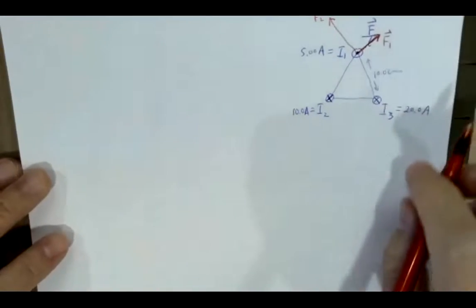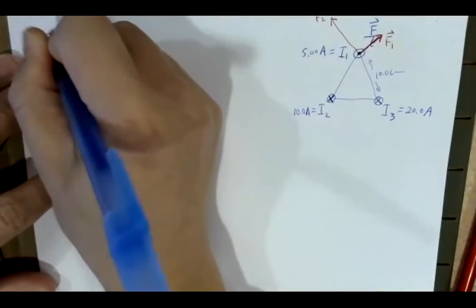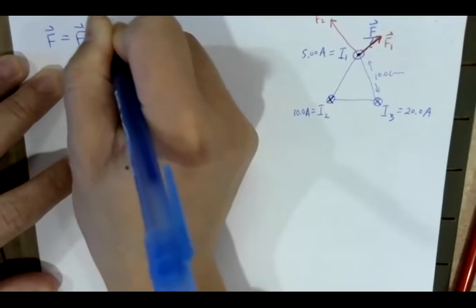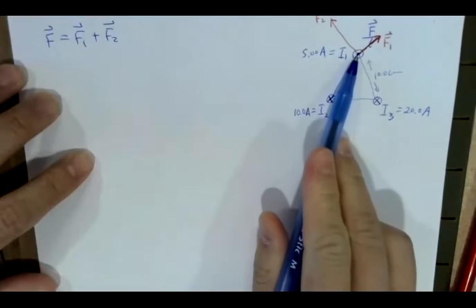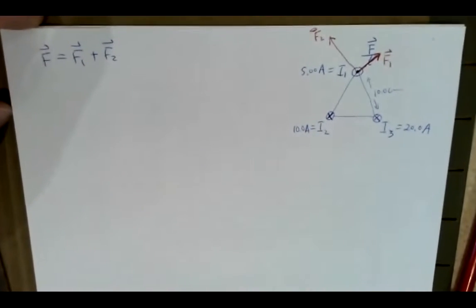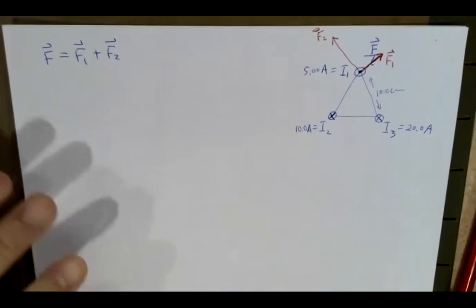Then your total force would be F, that is the addition of the two forces that wire experiences. Now force is a vector, so again you are doing a vector addition.